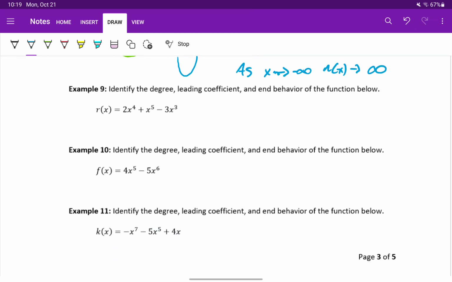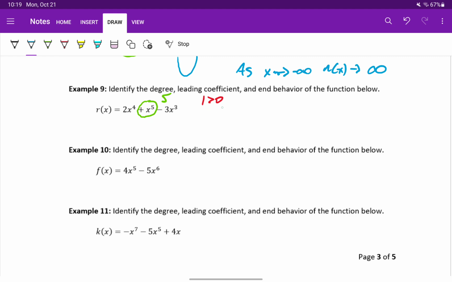In example 9, we need to start being careful here because we can get tricky with these problems. The term with the highest power is actually the second term, plus x to the fifth. That means this is a fifth degree polynomial with a leading coefficient of 1, which is greater than 0.